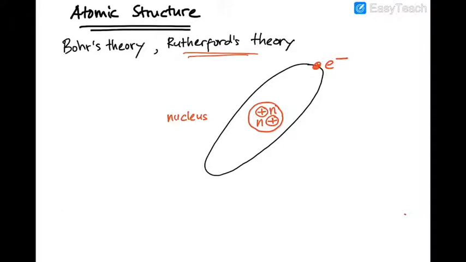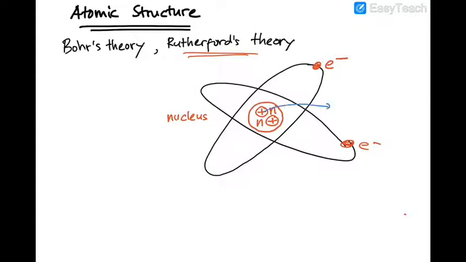Now, this theory was accepted for quite some time, and then you have another electron, for instance, right here, that also orbits around the nucleus. Now, the problem with this theory is that you have a positively charged core, and this one is negatively charged, and we know that positive charge and negative charge attract each other, correct?